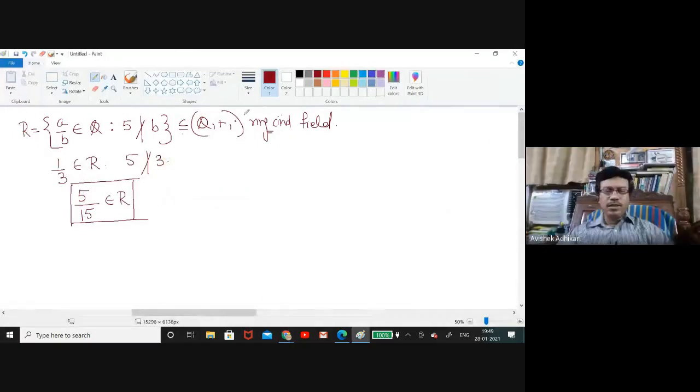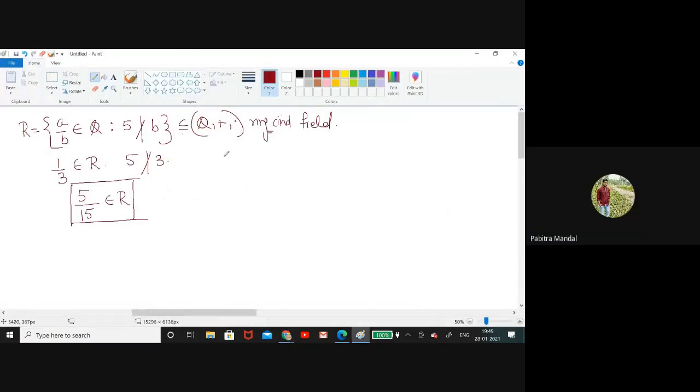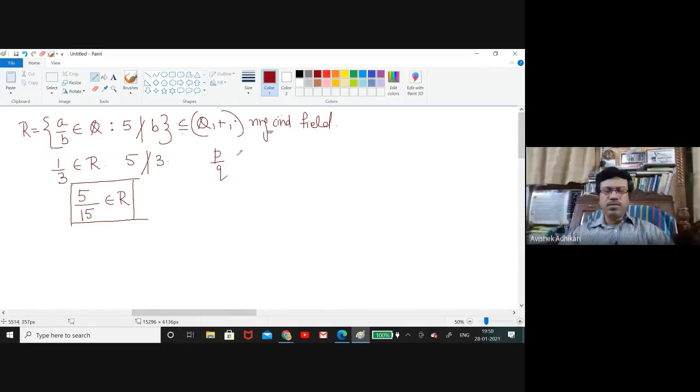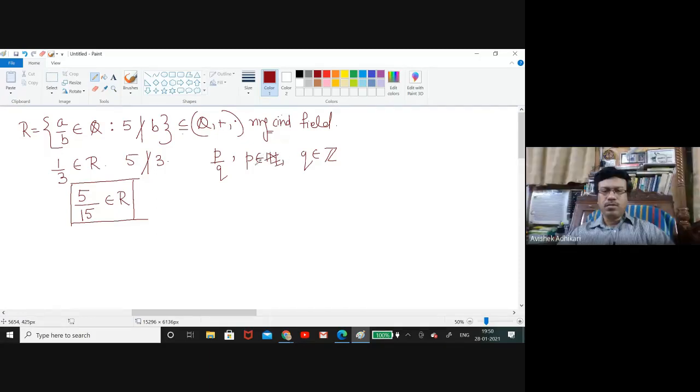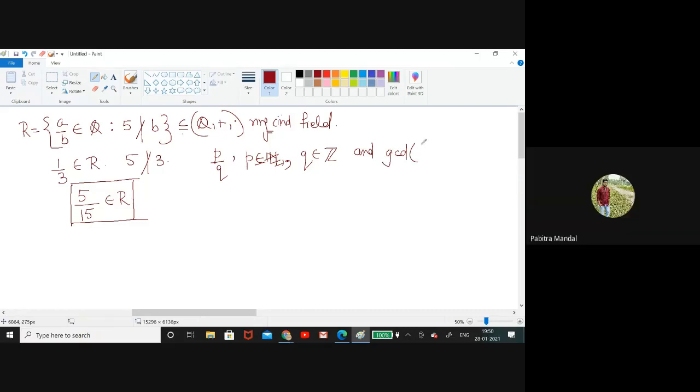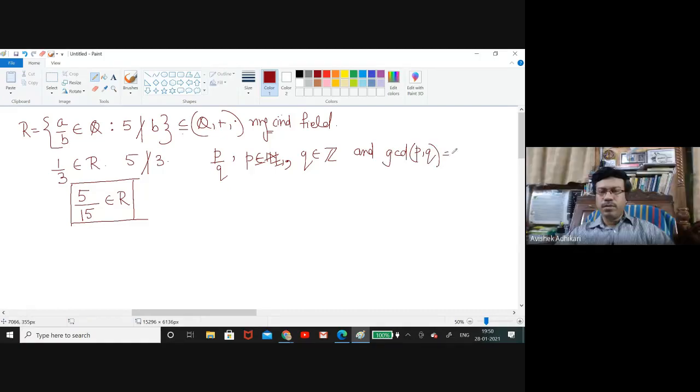P by Q, where P belongs to natural numbers, Q belongs to Z, or P, Q belong to Z, where GCD of P, Q equals 1. Okay, so whatever you are telling, I'm writing: P, Q belong to Z and GCD of P, Q equals 1.